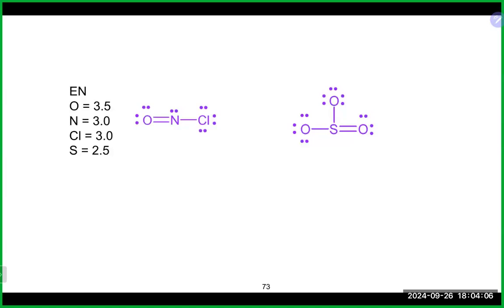Now, when we look at these two here, we want to decide, are these going to be polar or nonpolar? Plus, I'm going to add a couple other ones that maybe we looked at earlier. So let us take a look at these. What we want to know is, are these molecules polar or nonpolar?